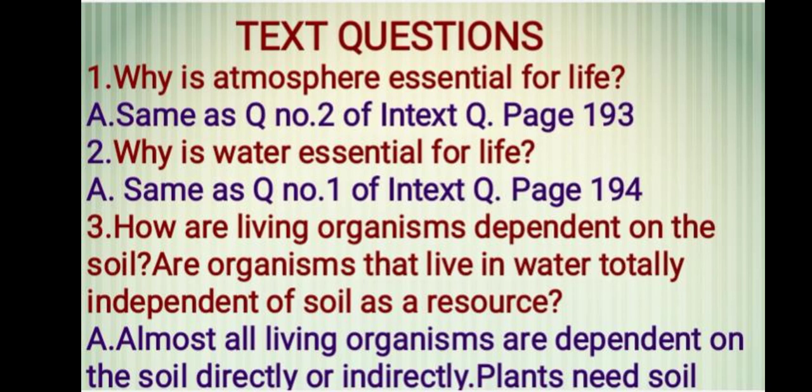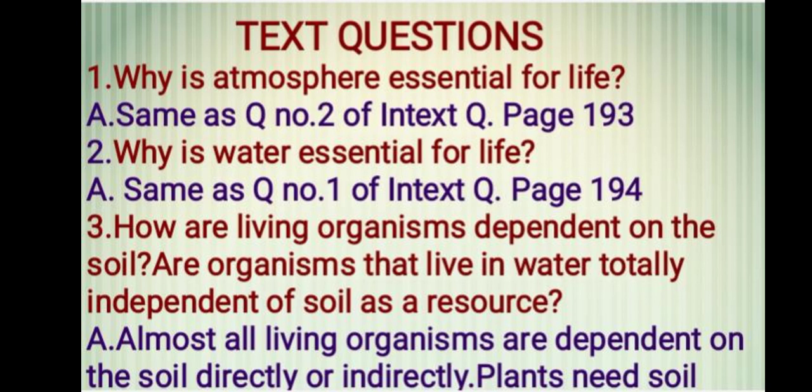Question number 3 is, how are living organisms dependent on soil? Are organisms that live in water totally independent of soil as a resource? Almost all living organisms are dependent on the soil directly or indirectly.